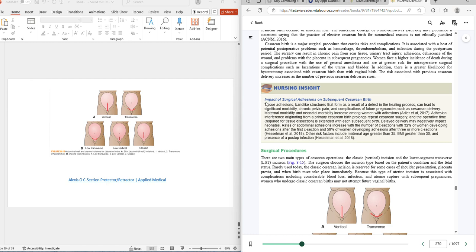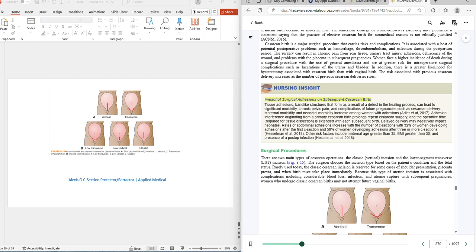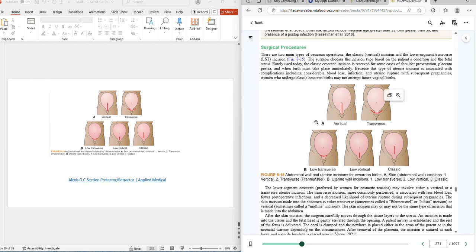Read about this nursing impact for surgical adhesions from cesarean births. You know that can happen with any surgery, right? And then there's different types of cuts. Okay, so we like to use the low transverse now, which is the bikini line. Vertical classic incisions, a lot of this happens out of country or I guess in other parts of the world.